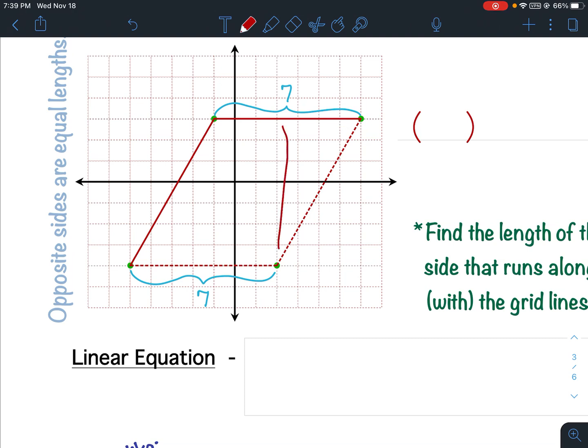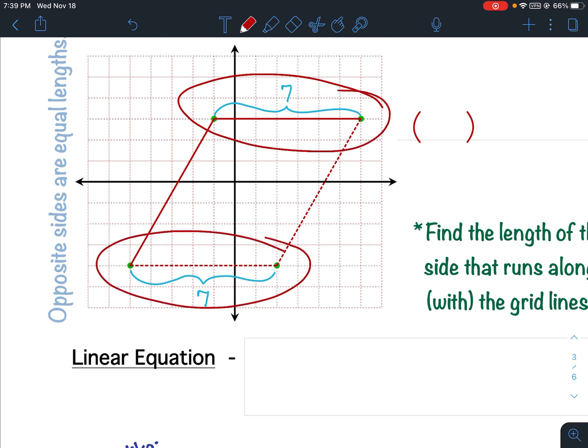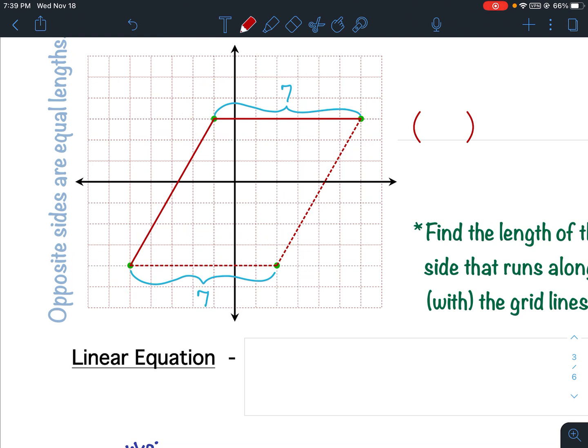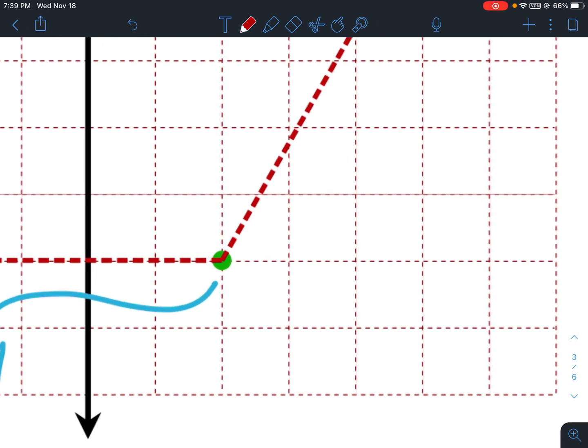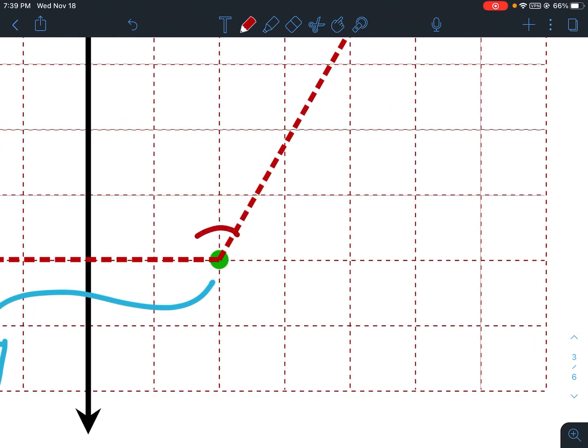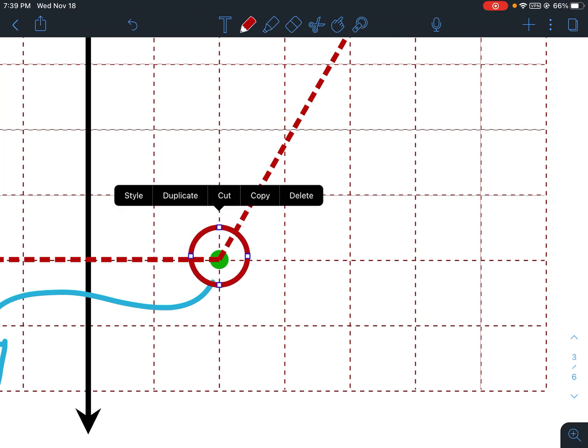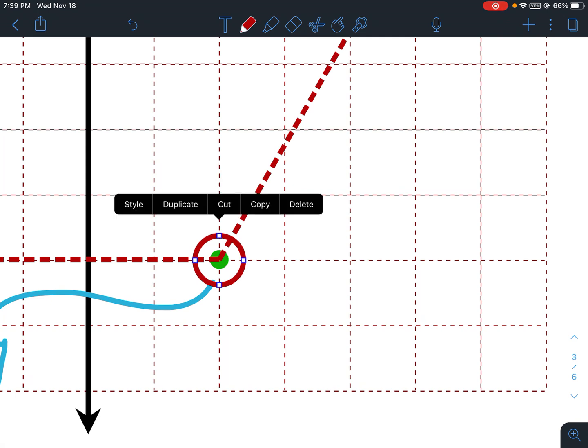Does it have the same slope? Double check, is that length the same as that length? All right. So now we know that where these 2 lines come together, this point, is our fourth vertex.